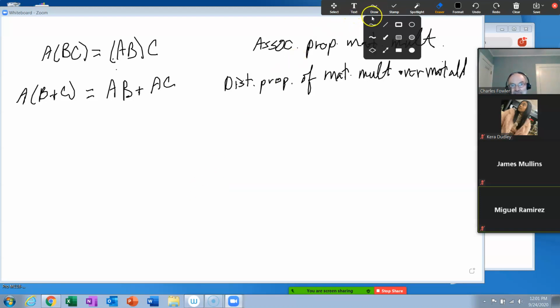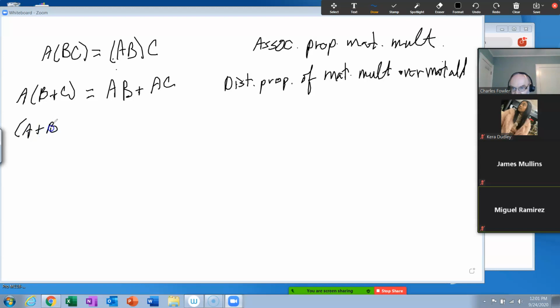All right, the third one here was another distributive property. This one was (A plus B) times C is equal to AC plus BC.